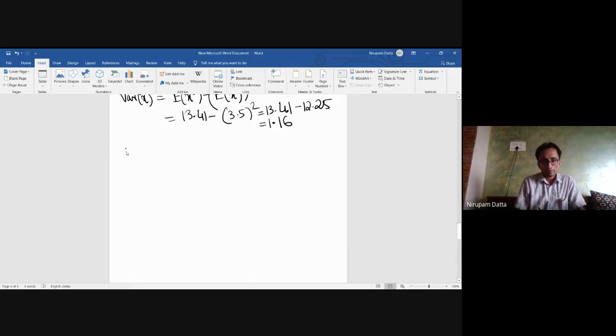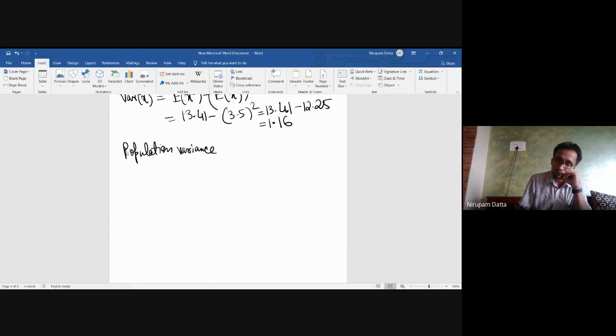Okay. Now you see population variance sigma square is not equal to variance of x bar.